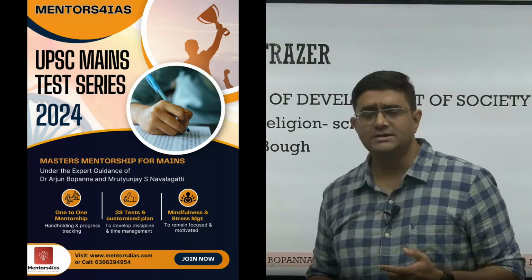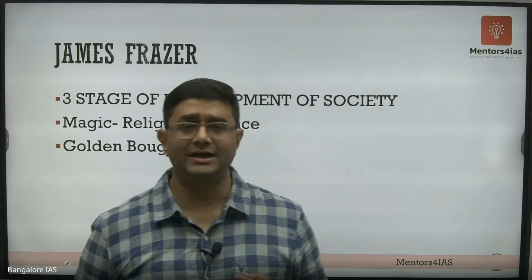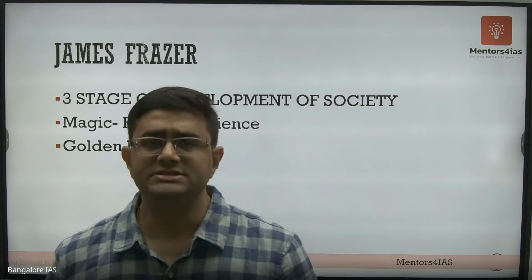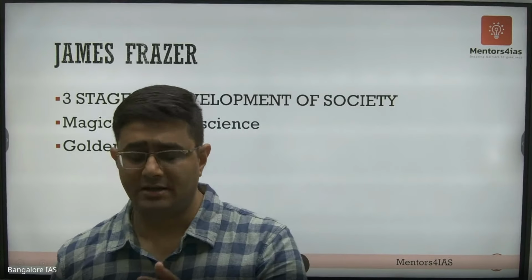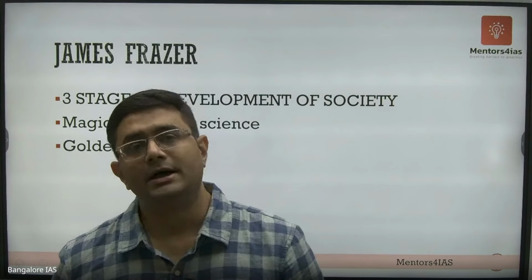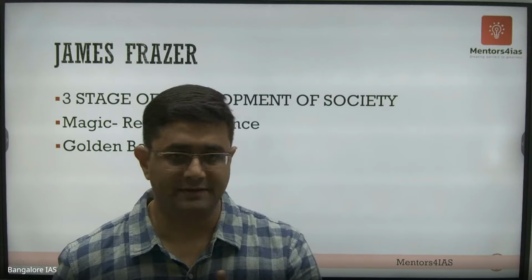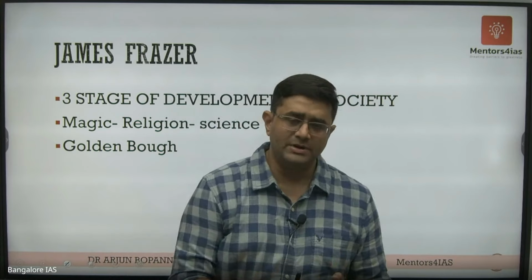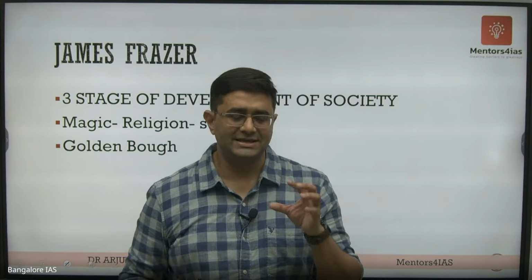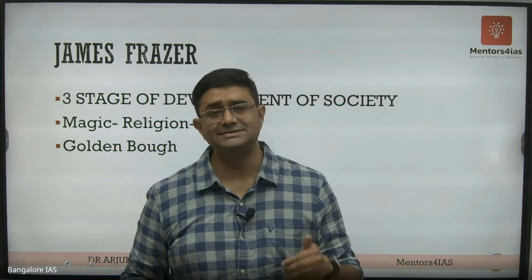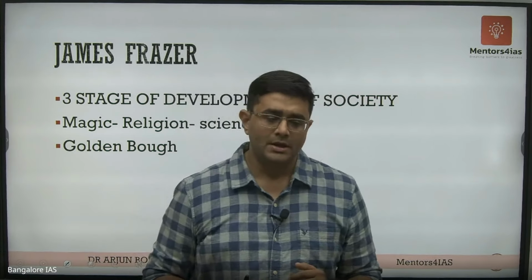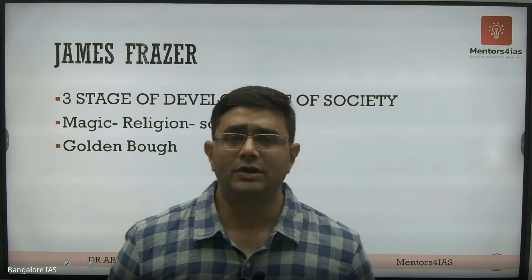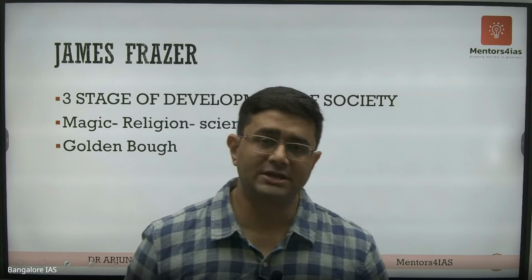Then James Frazer also is important, because in the chapter on religion, you'll be studying about James Frazer. There's a concept of religion, magic, and science differentiated. He says that the primitive, simple societies are characterized by excessive dependency on magic, that is, control of the supernatural. When man realized that he cannot control the supernatural being, he started to worship it.